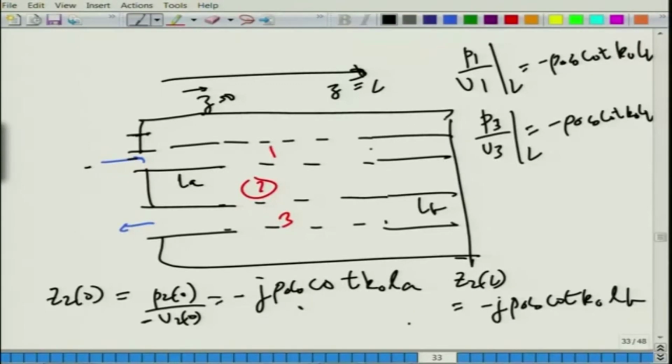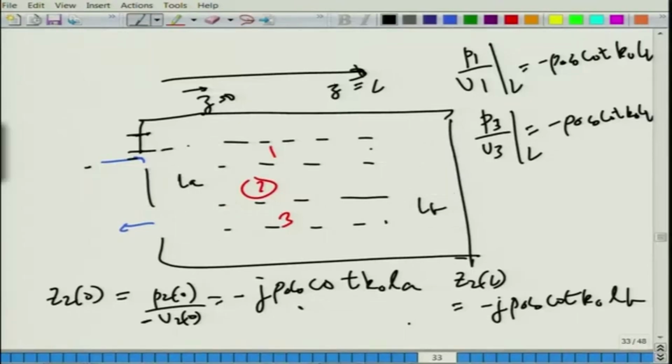Now, you can have a look at the text by Munjal for those boundary conditions. The simplification is rather tedious. So, what I suggest is a simple configuration, the extended fully perforated duct.